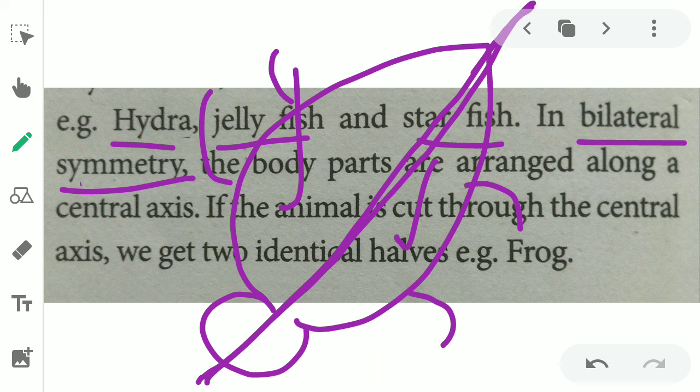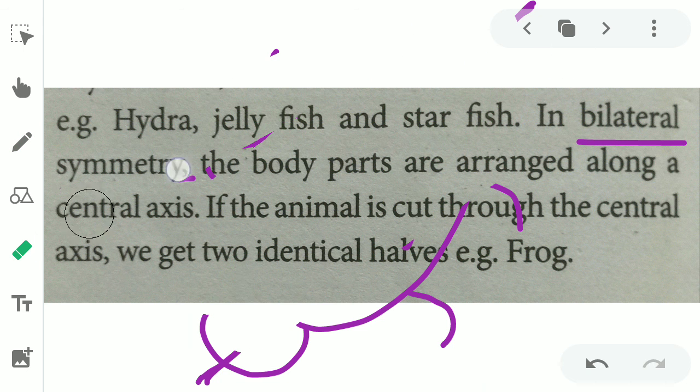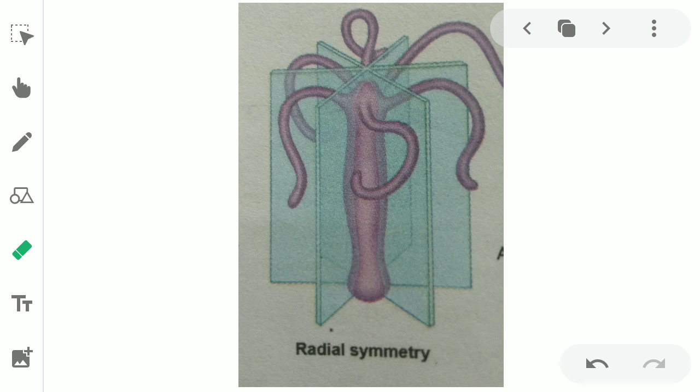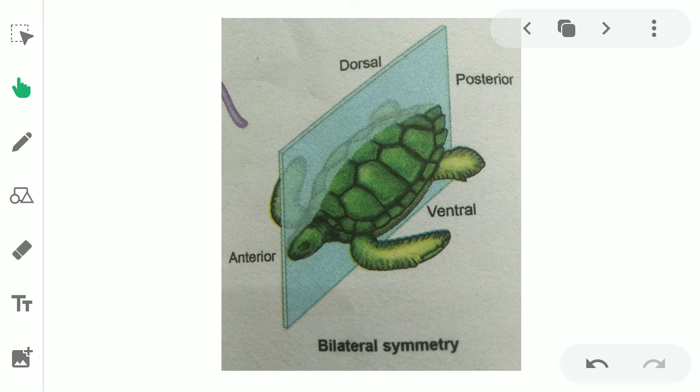This is called bilateral symmetry. Example, frog. Next, see the radial symmetry, Hydra. We can cut the organism along any axis and get equal halves. This is the tortoise. We cut the organism along the central axis, we get two halves.